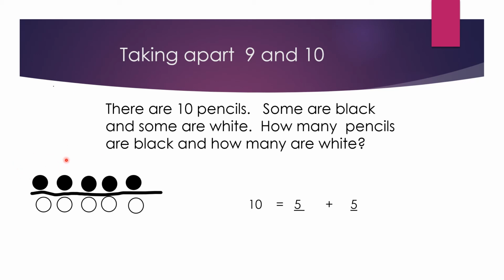1, 2, 3, 4, 5. How many white pencils, kindergarten? Count. 1, 2, 3, 4, 5. And I separate my 2 parts with a line to show my black pencils and my white pencils.